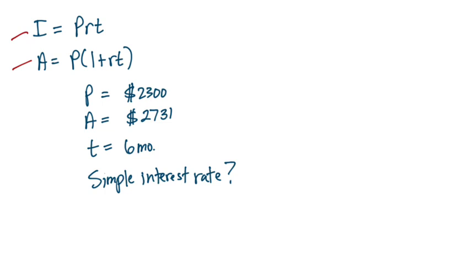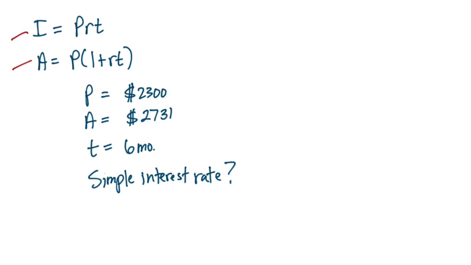And the other formula is A, which is for future value, or you could think of it as the amount, equals P, the principal, the starting amount. So when you put money in an account, whatever you put in, like $1,000, that's your starting amount. That's your P. It'll be times, in parentheses, 1 plus RT. R is the interest rate, and T is the time in years.